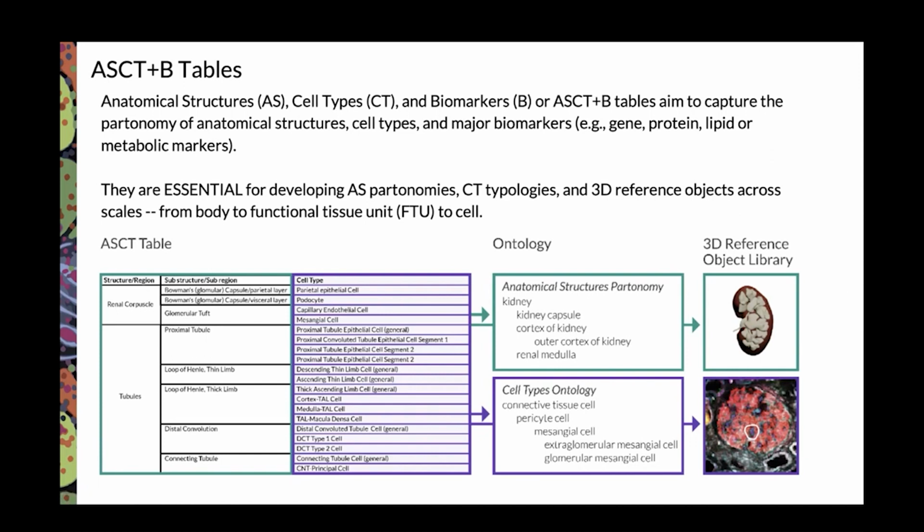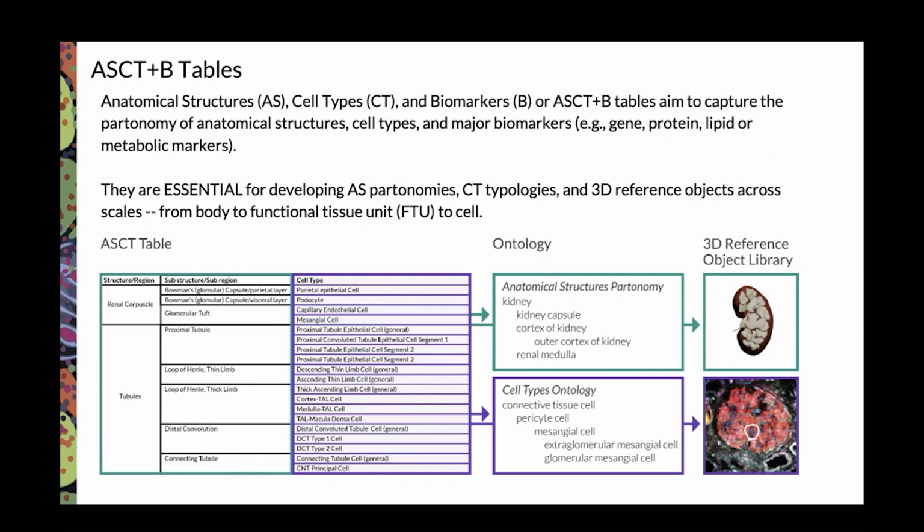And so you have the naming, just like in a normal cartographic map, you have to agree on names. So this is coming also from ontologies, and we realize that we have to extensively extend these ontologies to actually cover the healthy human body. But you also have the 3D, and in some cases still 2D, physical size and shape of these 3D references, which are then ultimately representing the anatomical structures and cell types.